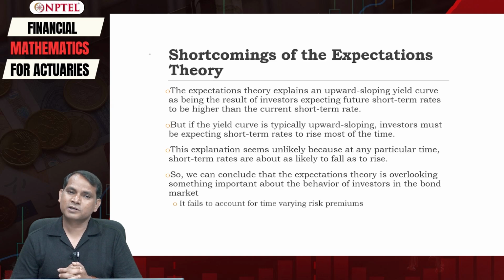When people expect that the current short term interest rates will decrease in the near future, then the long term interest rates also should decrease. But this theory fails to take any time varying risk premium into account.